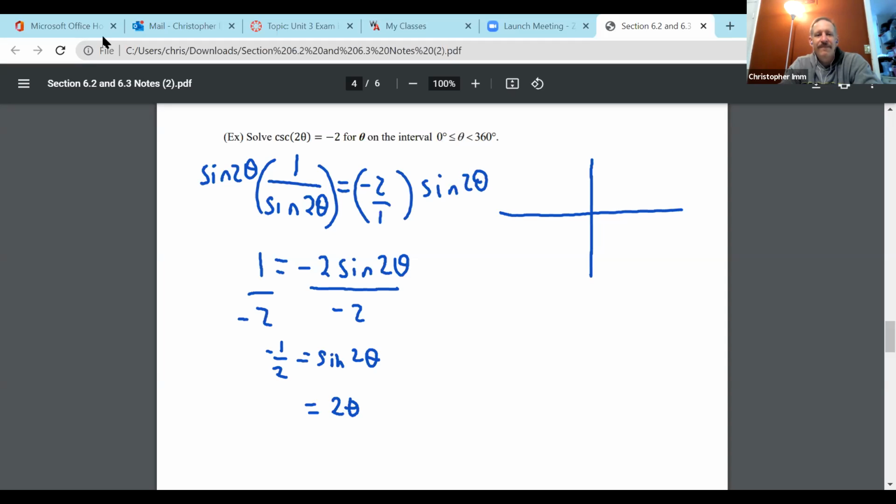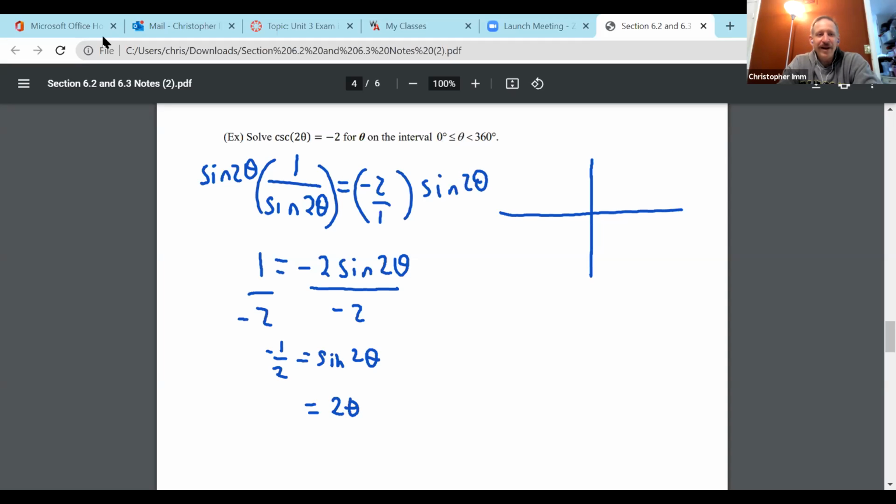Nice job. Well, actually, one of them's right. Think about that one in the fourth quadrant. Okay, all right. So that's 2 minutes.